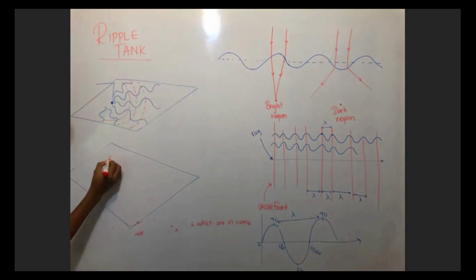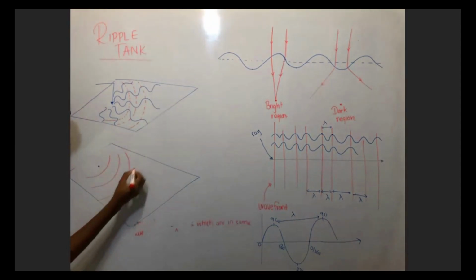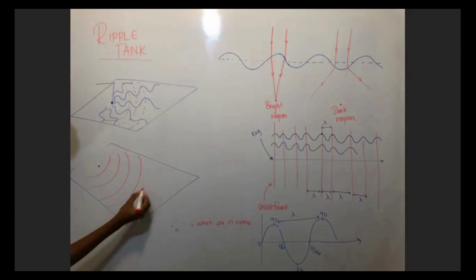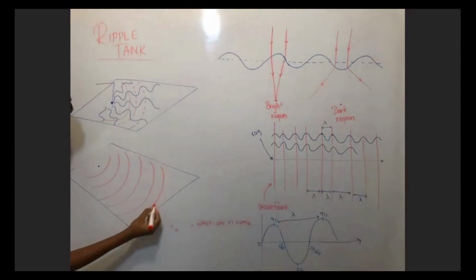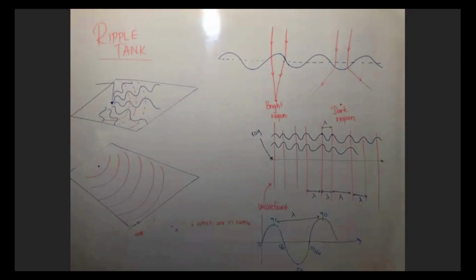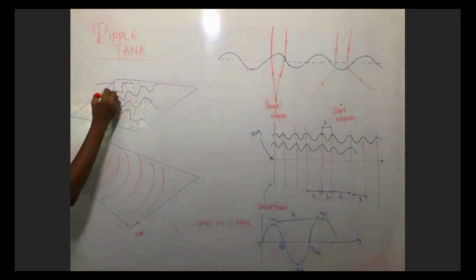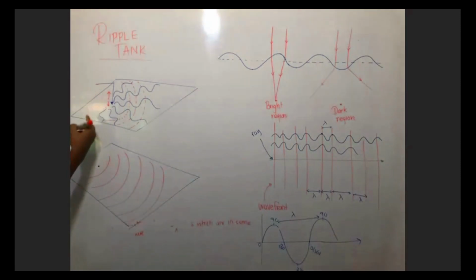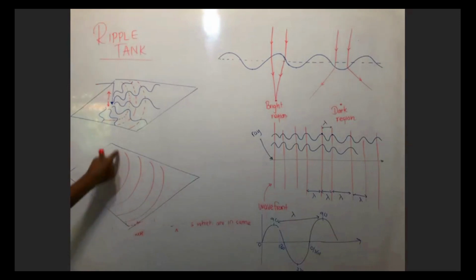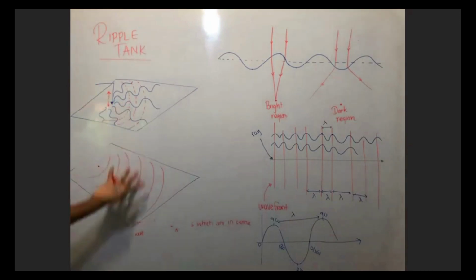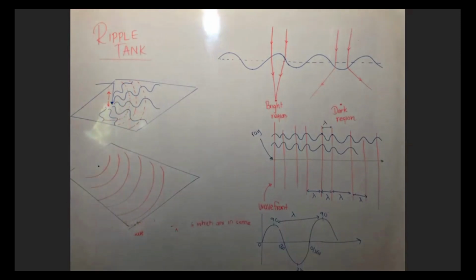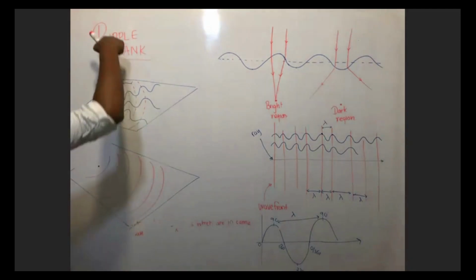So you will be able to see circular wavefronts. So if this moves up and down, you'll be able to see circular wavefronts below the ripple tank, right? I guess you can figure it out.